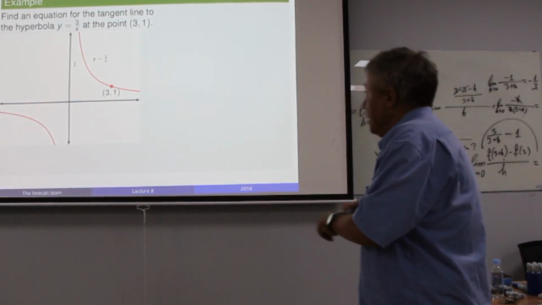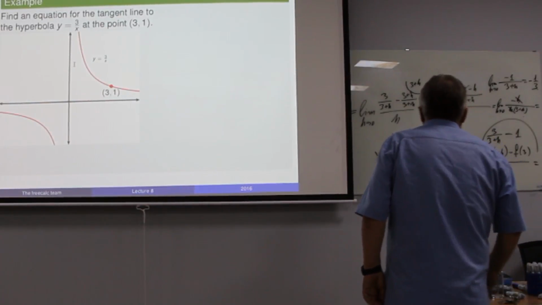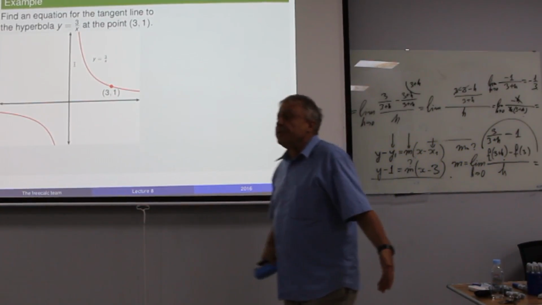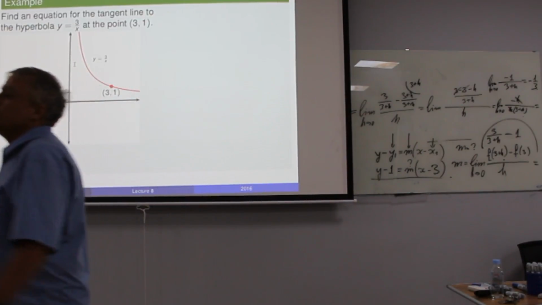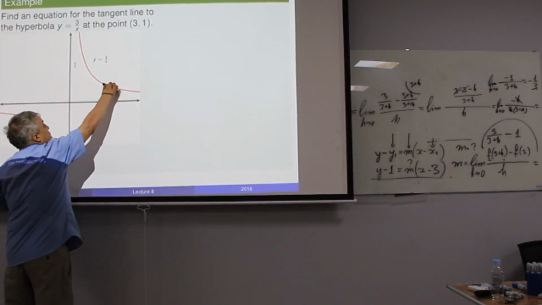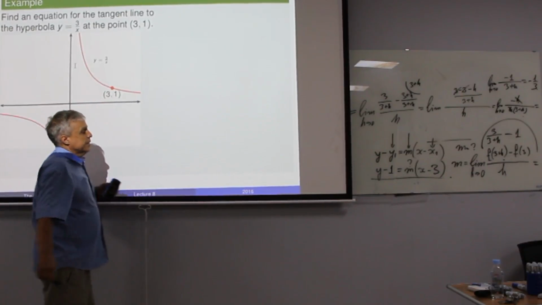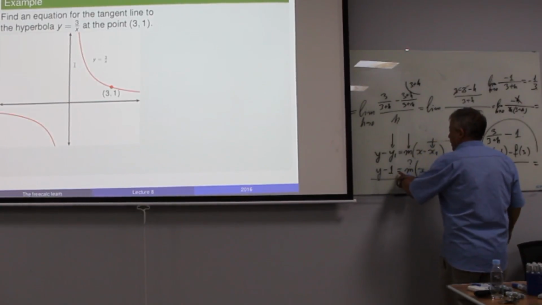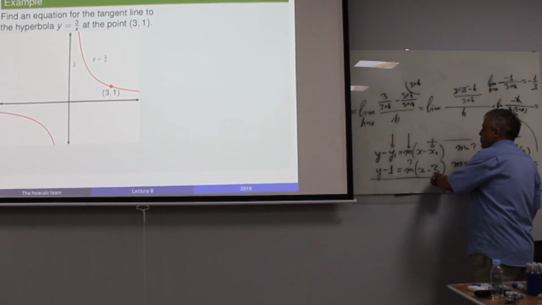We're using our techniques from limits. So now we have to go back. What was the main problem we were solving? Find the equation of the tangent line. So we want to find the analytical equation of this tangent line. We already have something: y minus 1 equals m times x minus 3.